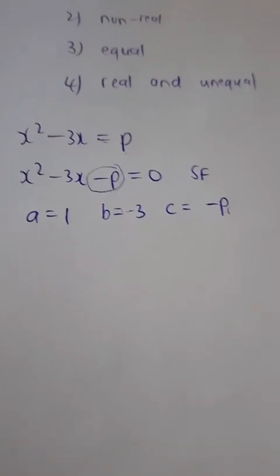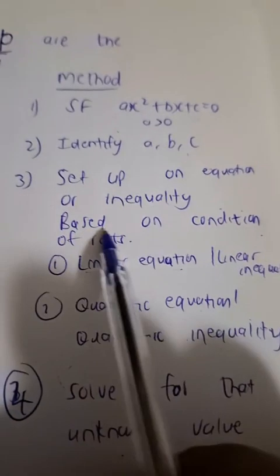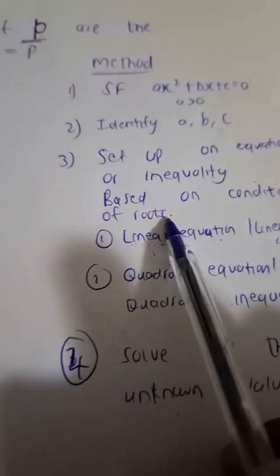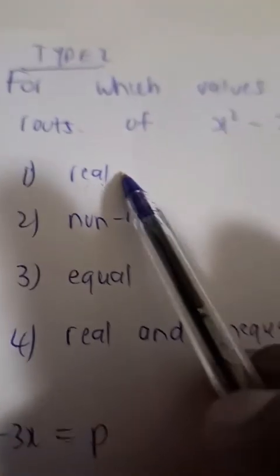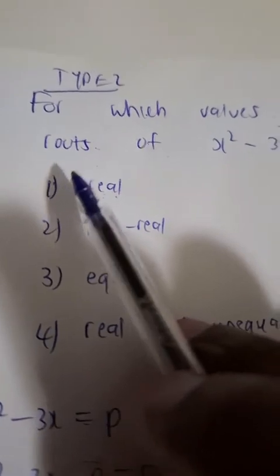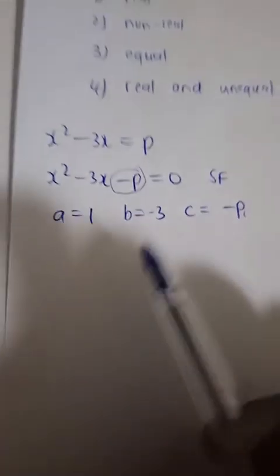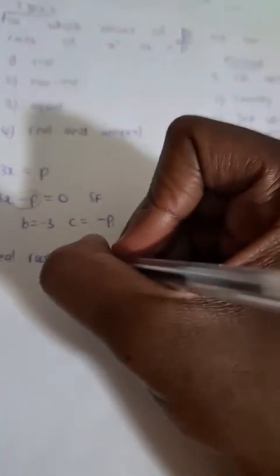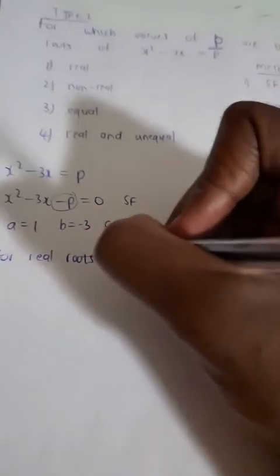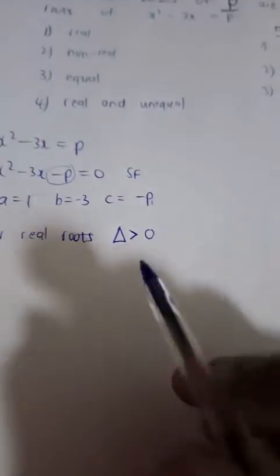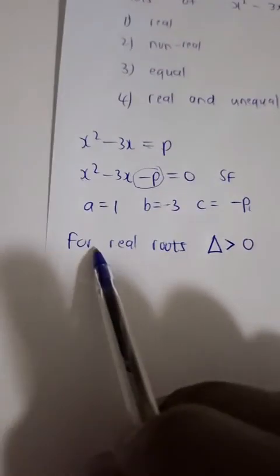All right. Then, step number 3, we set up an equation or inequality based on the condition of the roots. Now, I want you to listen to me in this one. When we say the roots are real, what does that mean for delta? Delta is greater than 0. We know that when delta is greater than 0, the roots are real.